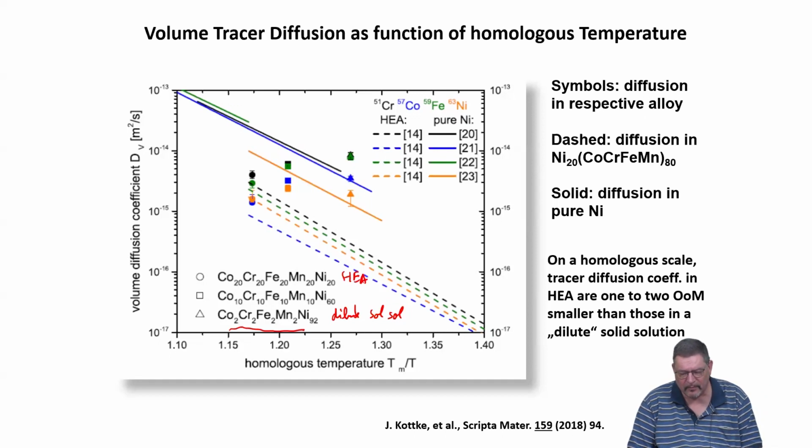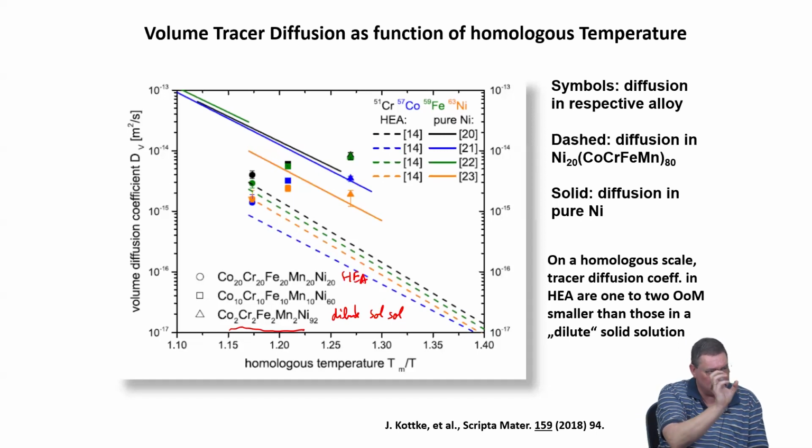And on a homologous scale, tracer diffusion coefficients in these high entropy systems are 1 to 2 orders of magnitude smaller as compared to a dilute solid solution. But again, this is a similar picture as we got from changing constituents, adding manganese or not, right? It's this 1 to 2 orders of magnitude difference.